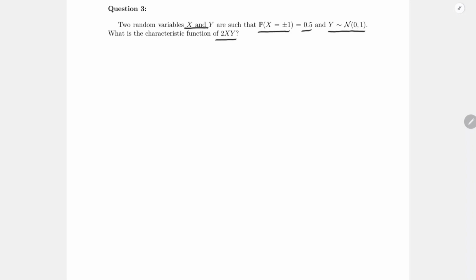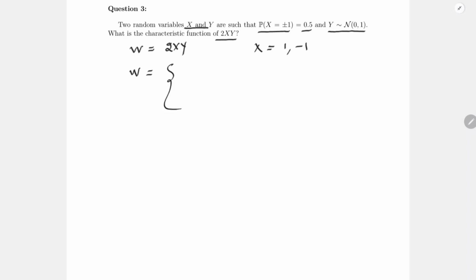Okay, so suppose W equals 2XY. Now X is taking the values plus 1 and minus 1. So what will W be?